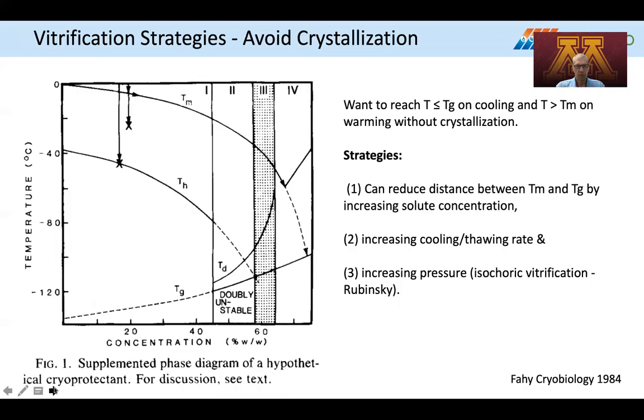And to orient you, Greg Fahey put out a very nice, highly cited article in Cryobiology that I encourage you all to take a peek at. There's a lot of information in there.